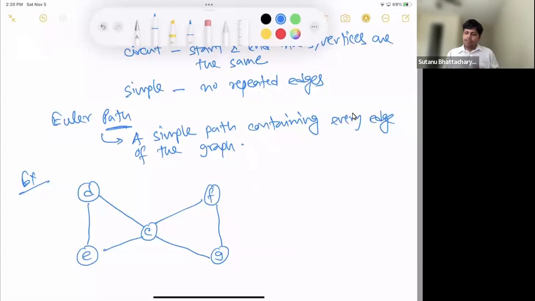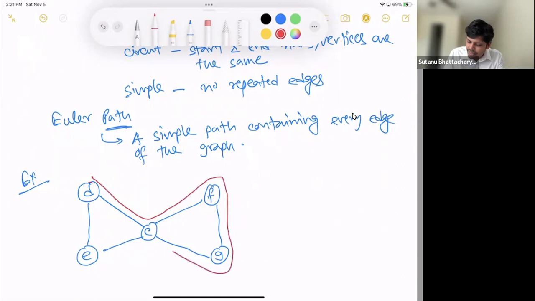Okay, this is one graph. Now, let's see whether Euler circuit is present or not. Euler circuit means your starting point. Let's assume this is your starting point. And you need to cover all edges exactly once, and you need to come back to your starting point. So let's start your journey. Okay, then here, then here, then here, then here, then here.